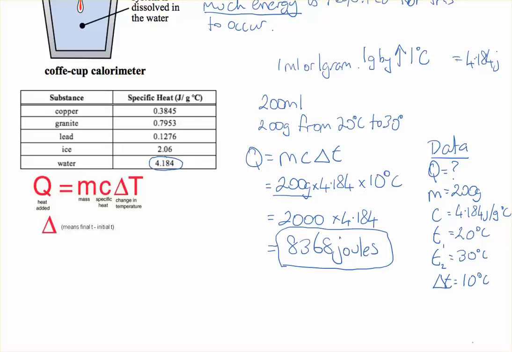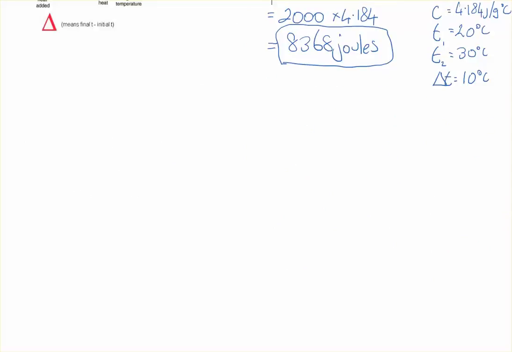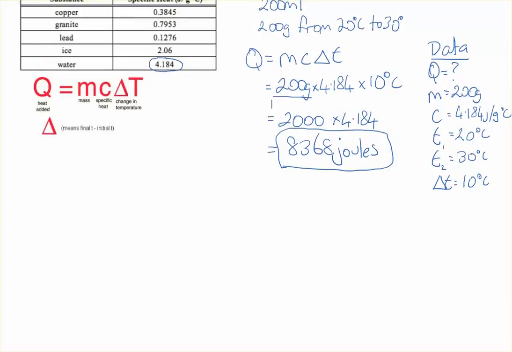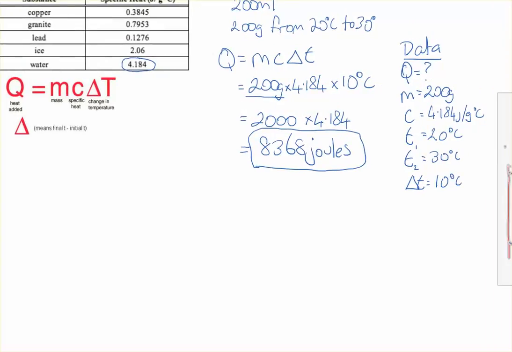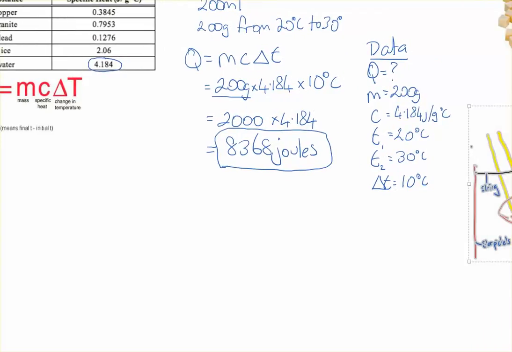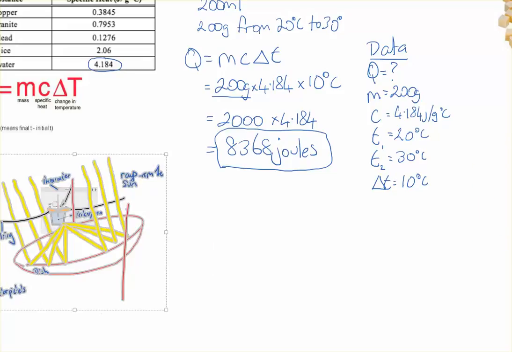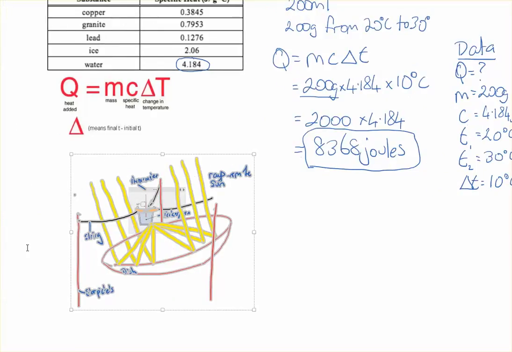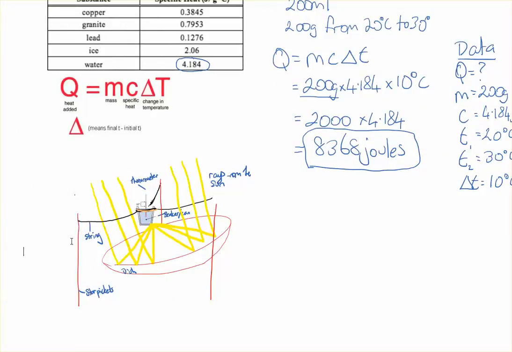Now, for the example that we're actually going to be doing with the Austar dish, we're obviously not using the coffee cup. We're going to be placing a beaker on top of the Austar dish, right in the focal point. In effect, we're measuring the amount of sunlight that comes in, the sunlight that's coming towards the dish and hitting the beaker.